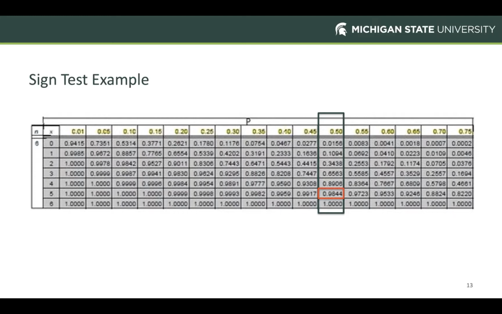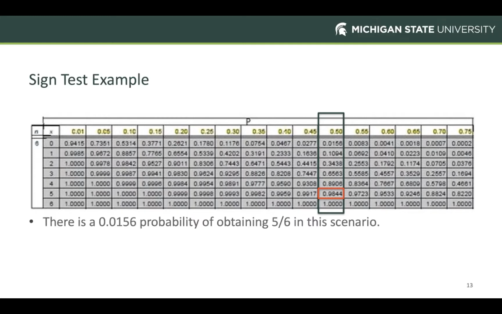And so if we look at our probability of having 5 successes, we'll notice that that's going to be 0.9844. And so as a consequence of that, we know our probability of being at that extreme of a value is going to be 0.0156. And so that's the value then that we would explicitly compare to whatever our significance level is for that test. So we're basically comparing our observed probability to alpha.